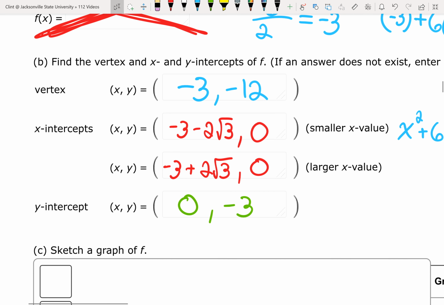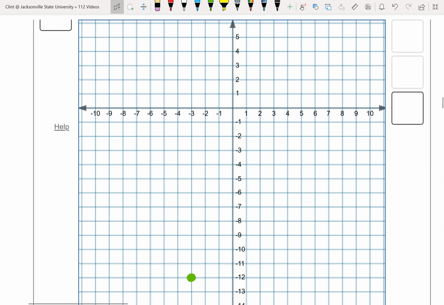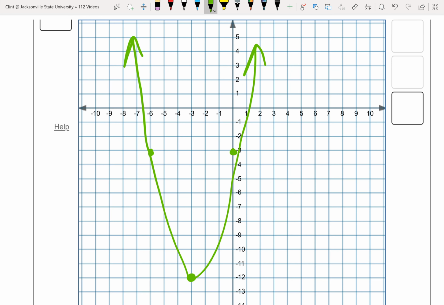And then we know our y-intercept's at 0, negative 3, so we'll use that as our other point. So then we can go over 2 this way. Something like that. X-intercepts would usually be good, but here they're going to be some ugly number, so.